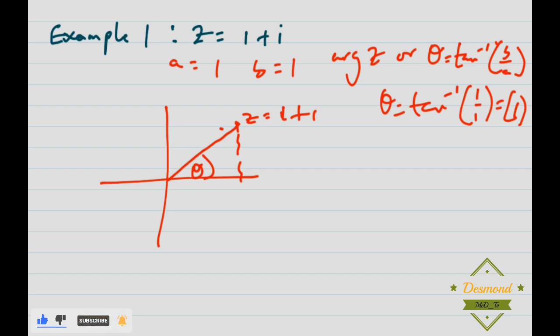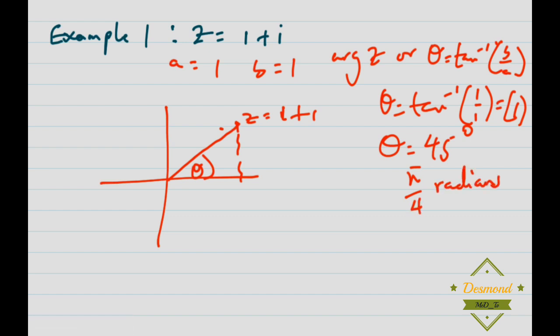So the tan inverse of 1 is 45 degrees, also pi on 4 radians. So the argument of z, which is 1 plus i, is 45 degrees or pi on 4 radians. Very simple. Let's go to our second example.